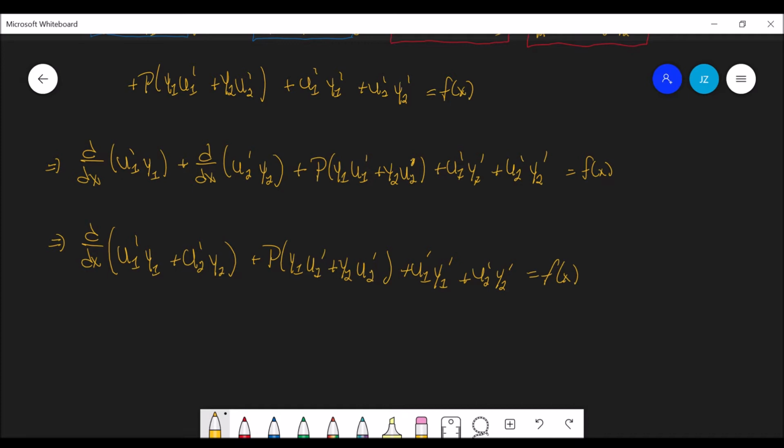Now we're seeking two functions. We're seeking a u1 and a u2. So it would seem reasonable that we would need two equations.